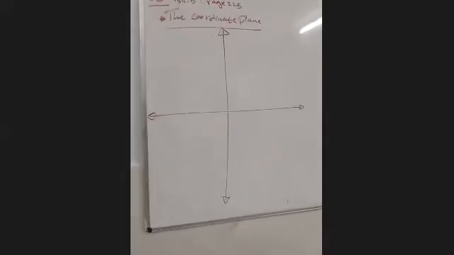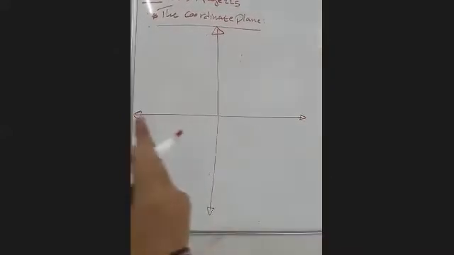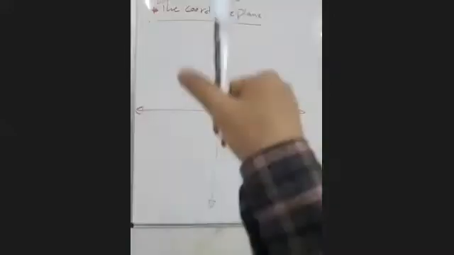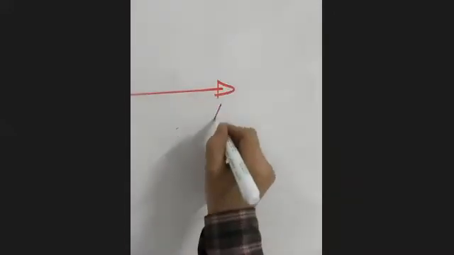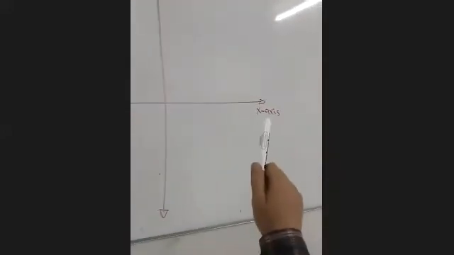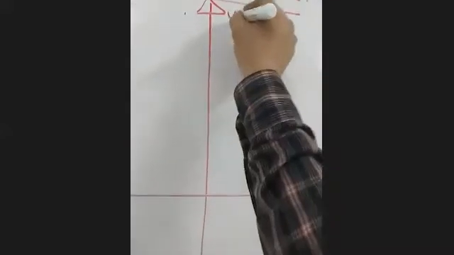The coordinate plane, guys, has 2 lines like this one, the horizontal line and the vertical line. The horizontal line, we call it the x-axis. The vertical line, we call it the y-axis.